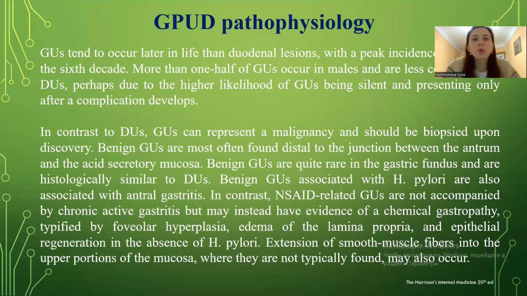Gastric ulcers tend to occur later in life than duodenal lesions, with a peak incidence reported in the sixth decade. More than one-half of gastric ulcers occur in males. They are less common than duodenal ulcers, perhaps due to the higher likelihood of gastric ulcers being silent and presenting only after complication develops.